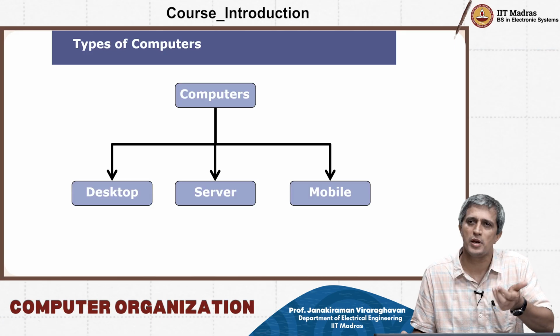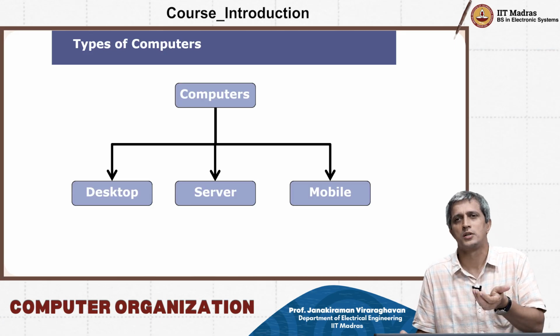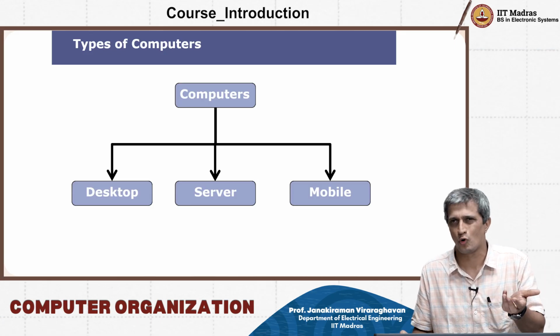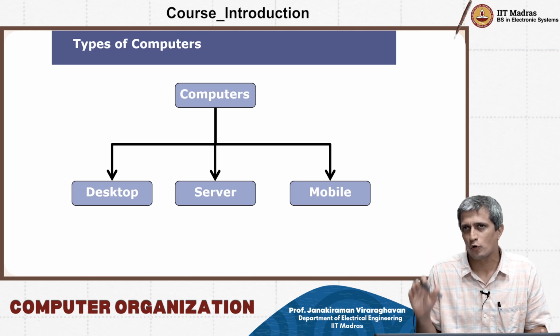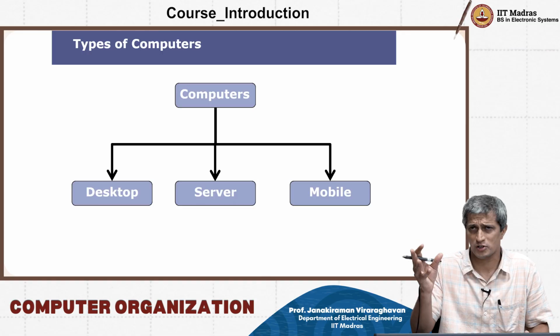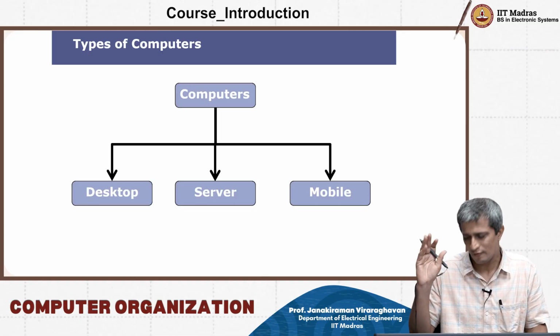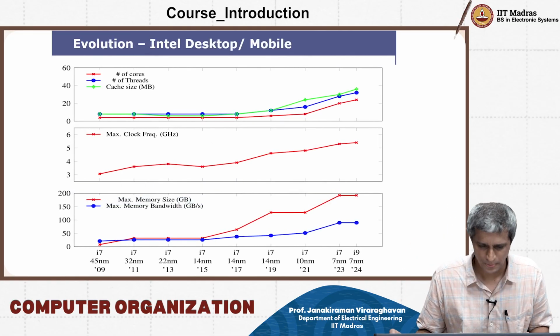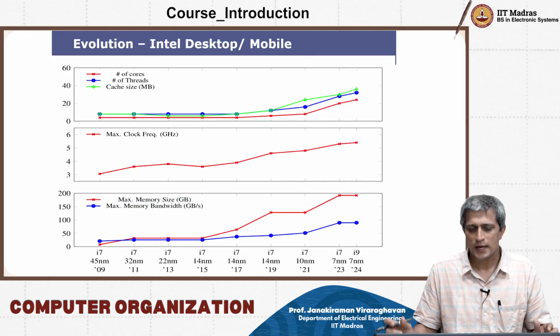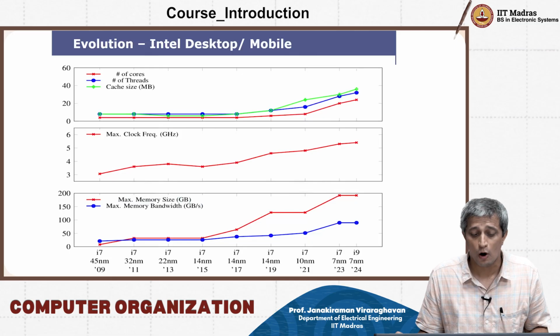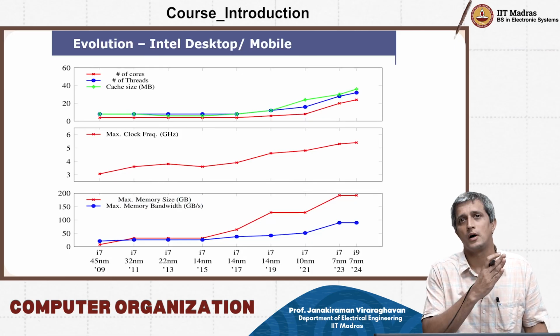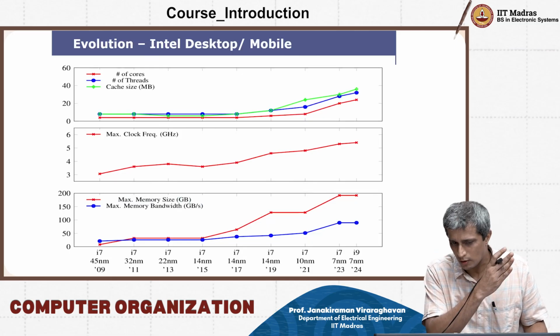Desktop maybe can have about 32 cores today, or 24 cores, or something like that. So the number of cores could be different, but each of these processors essentially do something very similar in nature. So let us look at how the microprocessors have evolved over time.